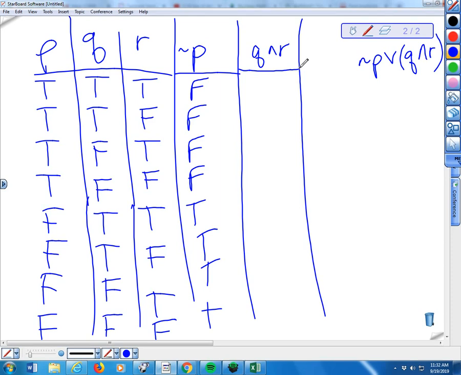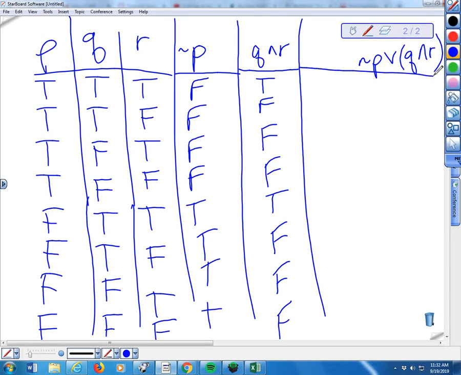For an and statement, they both have to be true. So Q and R, I'm looking at these 2 columns, and I'm only going to put a true where they're both true. So they're both true here, they're both true here, and that's it. So I can just fill in falses everywhere else.